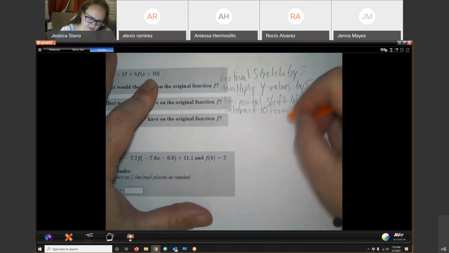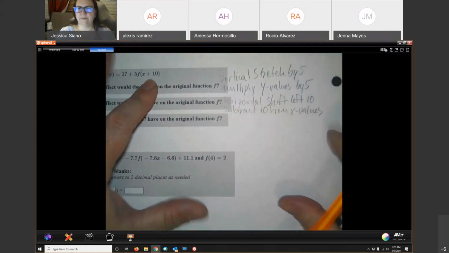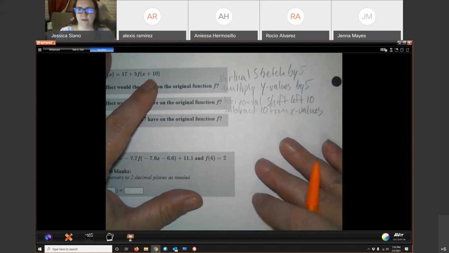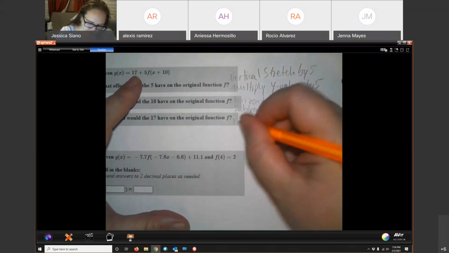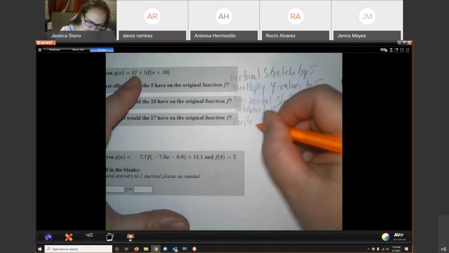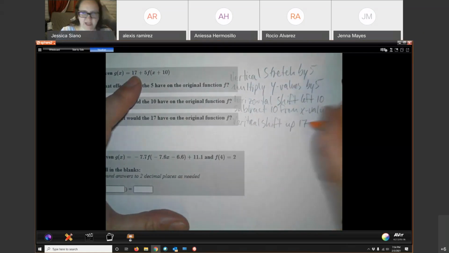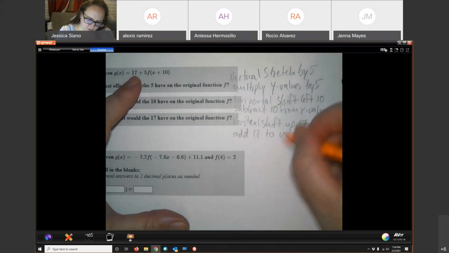Why did I say x and write y? And the 17 on the outside being added would be a vertical shift up by 17. And so then that would add 17 to your y values.